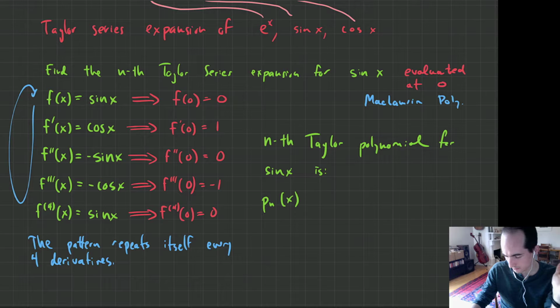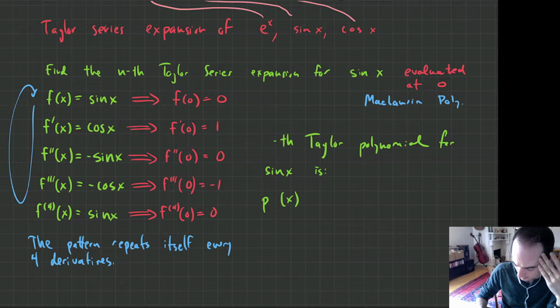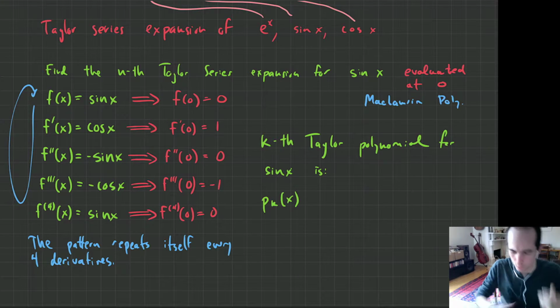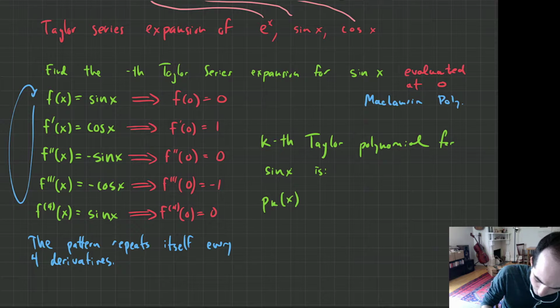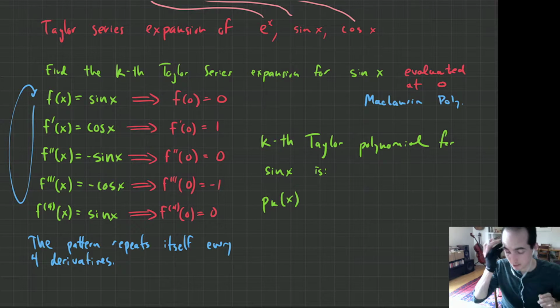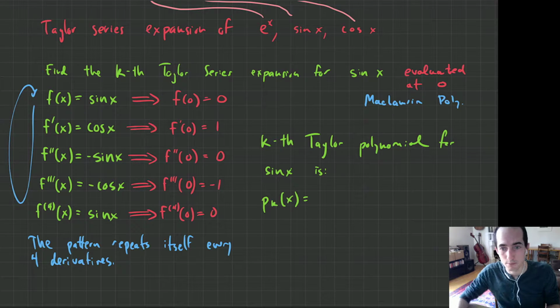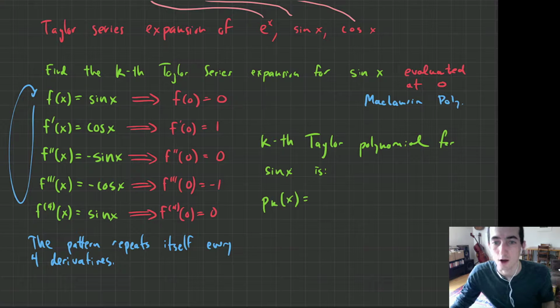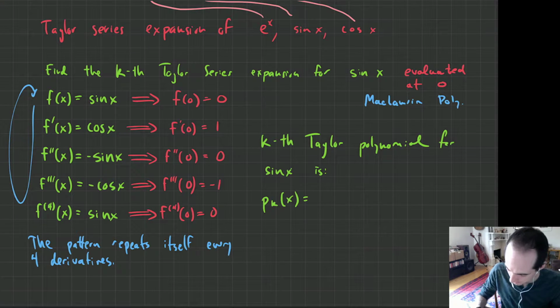Actually, I know this might sound kind of annoying, but I'm going to turn this into a k. It's just going to work nicer if we use a different letter than n. And you'll see why in a second. It's just a matter of preference. I just like it better when it's k, mostly because I have that already plugged into Desmos. So you'll have to bear with me.